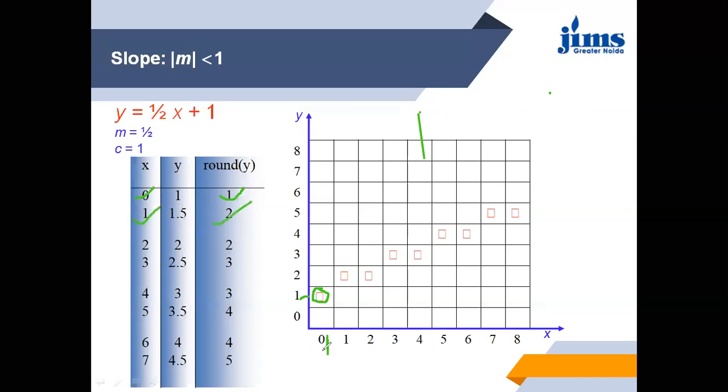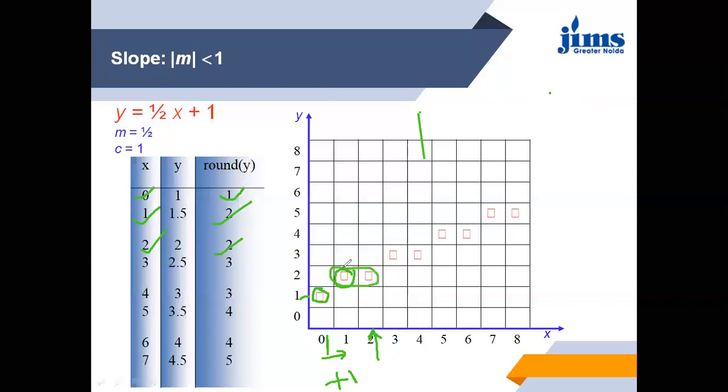So this is 1, meaning increasing by 1. And this is 2. So we glow this one. Next, this is 2 and 2. So in the x direction, we increment our pointer by 1. But you can see that in the y direction, this is again the same. That is 2.